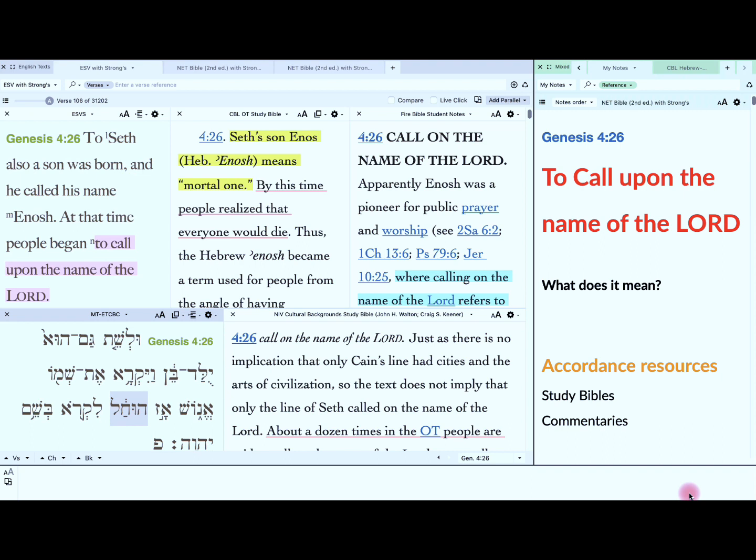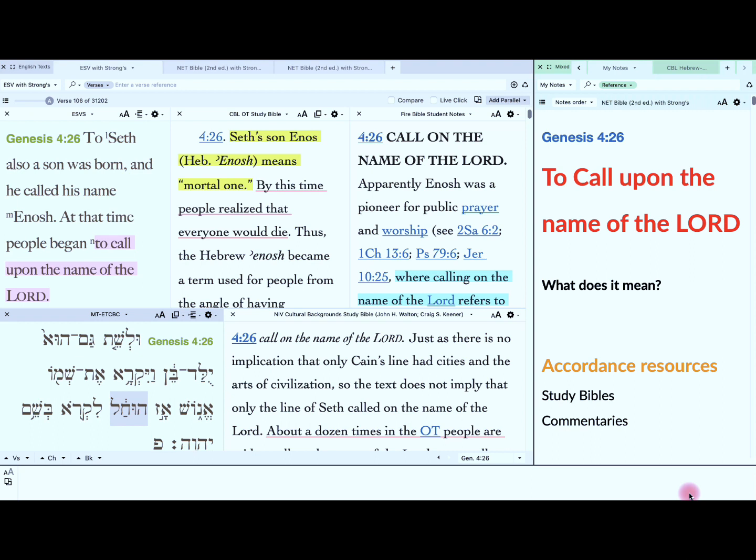And of course, a word has meaning within a text, within a context. I mean, context is king when studying the scriptures. And of course, we will try to make an application out of the study.